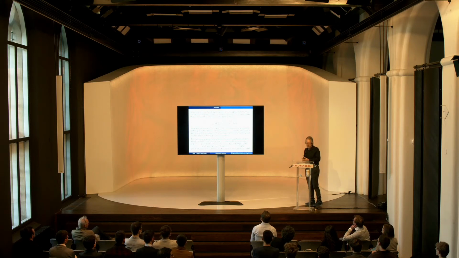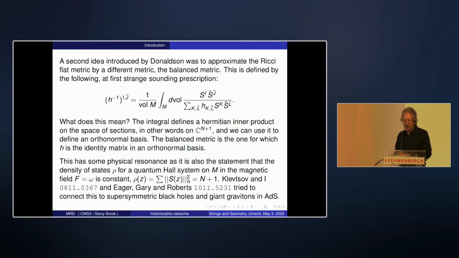And then you can interpret this as also like a higher dimensional quantum Hall system. The holomorphic sections are equivalent to the lowest Landau level for the U(1) connection. And so then you fill the lowest Landau level, and now you're saying that the density of states is constant. And there have been attempts to connect this to other interesting physics.